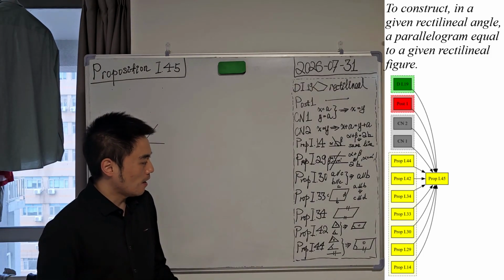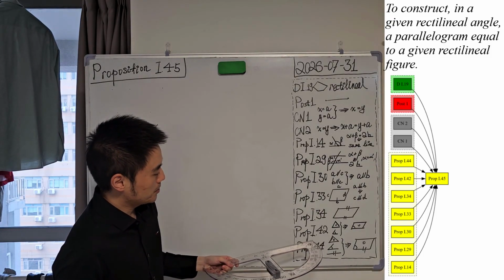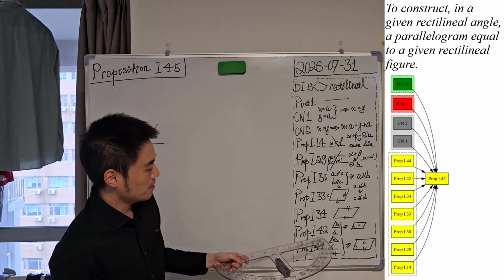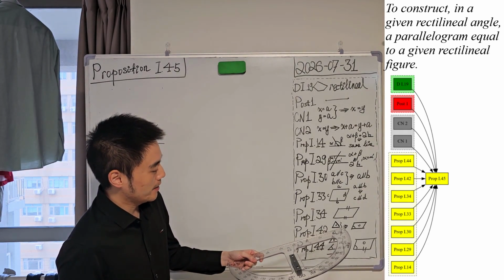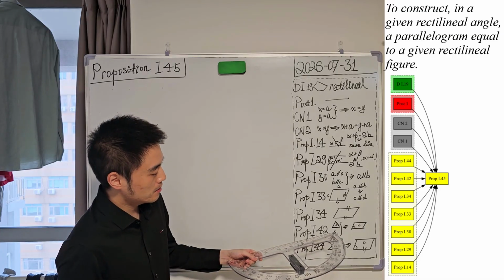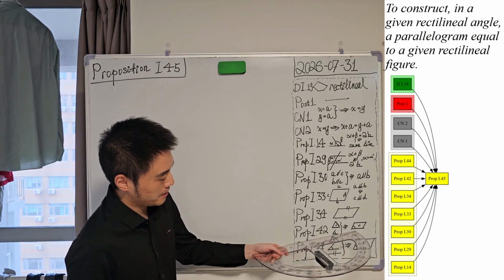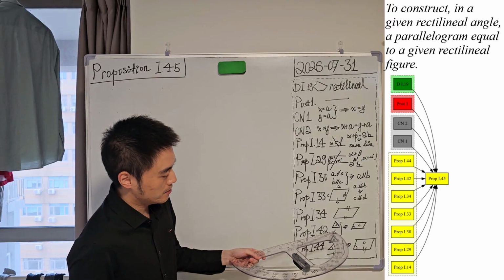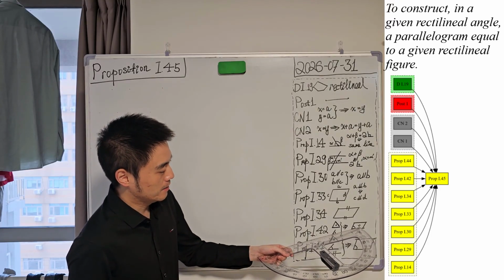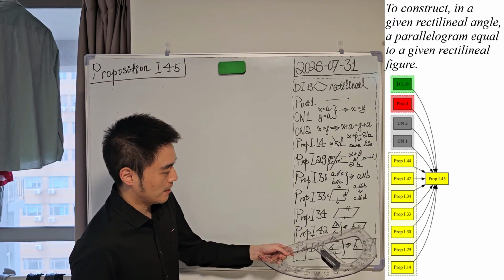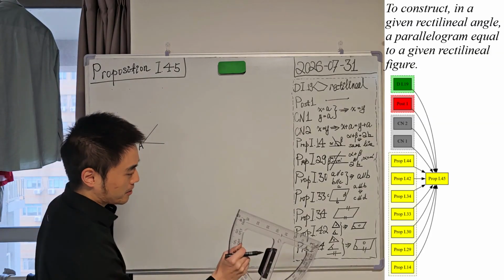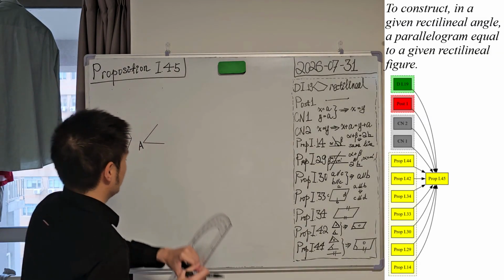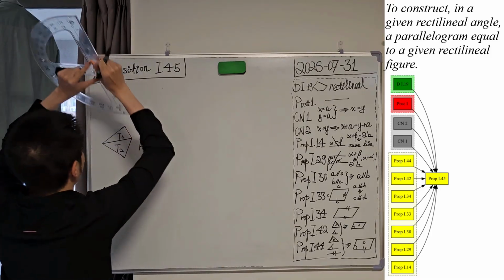And then please recall proposition 42. If we are given a specific triangle and a rectilineal angle, then we are able to construct a parallelogram in this angle and equal to this triangle, which means they have the same area, okay? So let's at first construct this parallelogram.